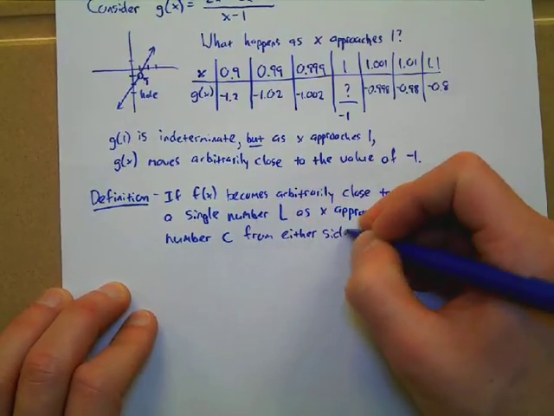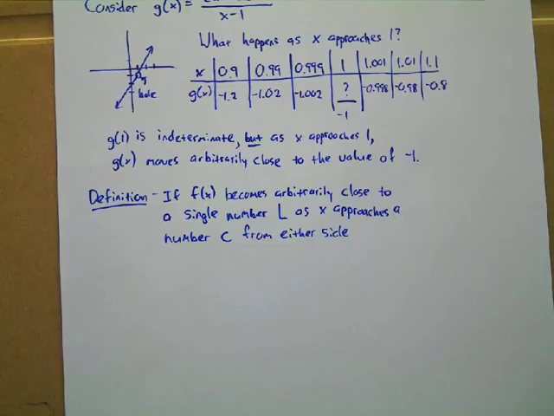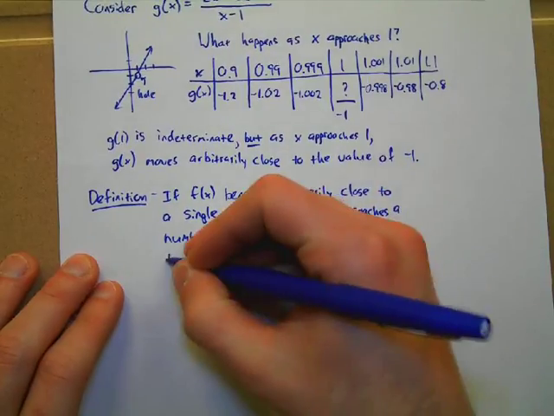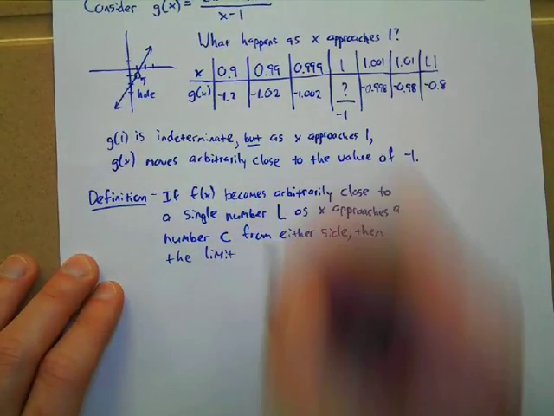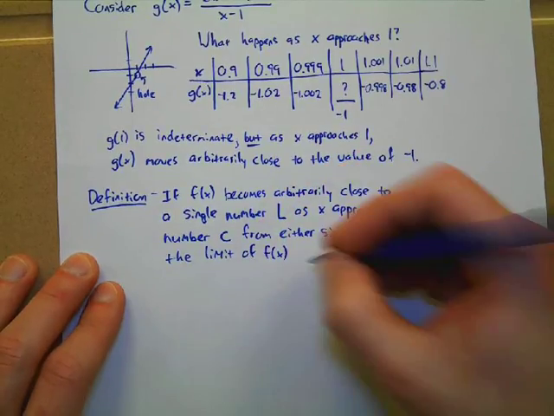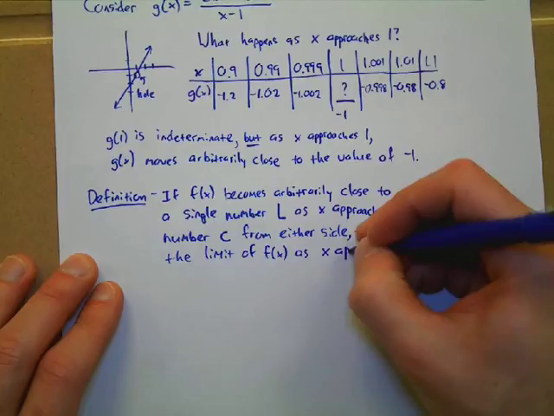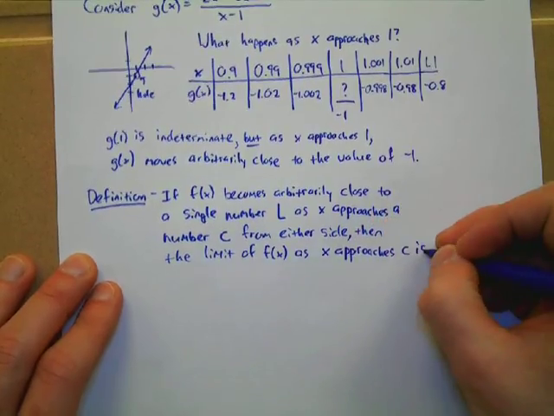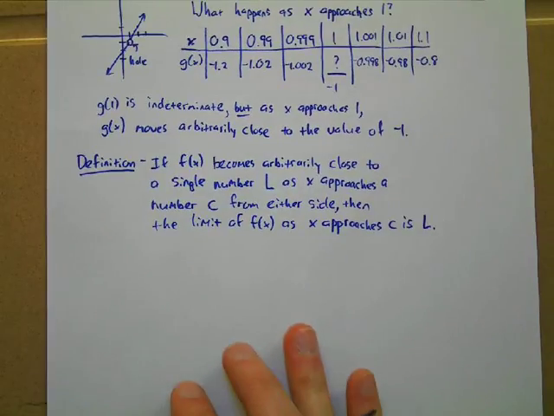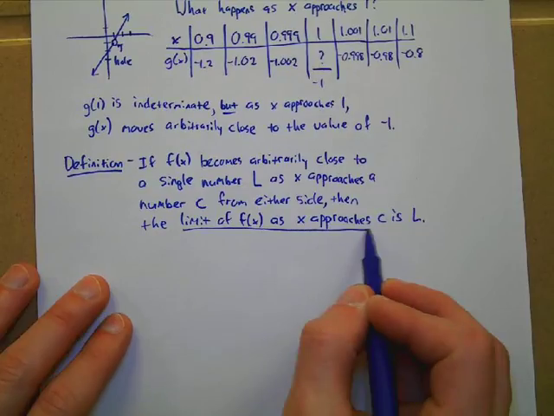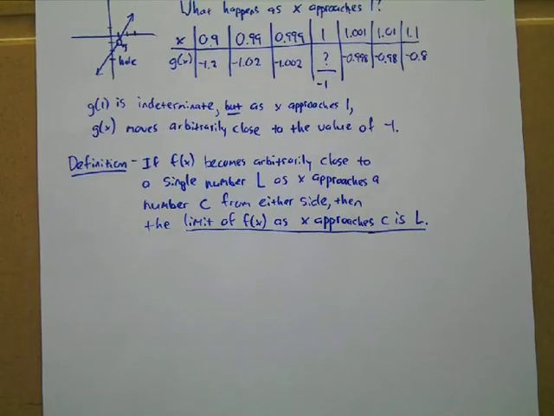Then the limit of f of x as x approaches C is L. Okay. So there's two numbers here that we're talking about approaching, right?